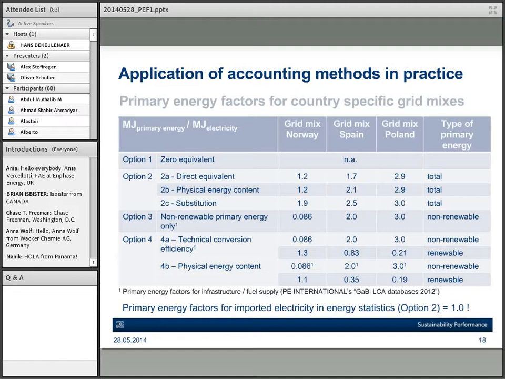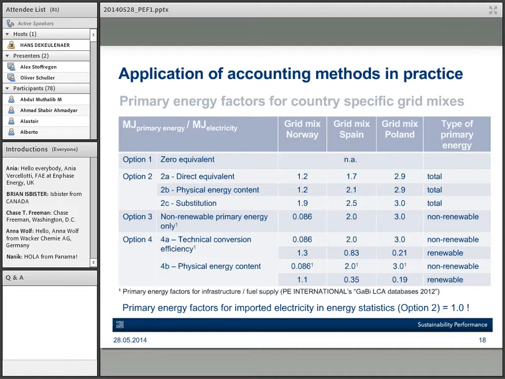Because when you import a lot, or you will import more in the future because of the renewables and the fluctuations, then the imported electricity is accounted with a primary energy factor of 1. So at least if you just look on the statistic, that's a way of bringing down your energy consumption. You just import the electricity, which is of course not a meaningful solution, but if you just look on the statistic, that would be a way.